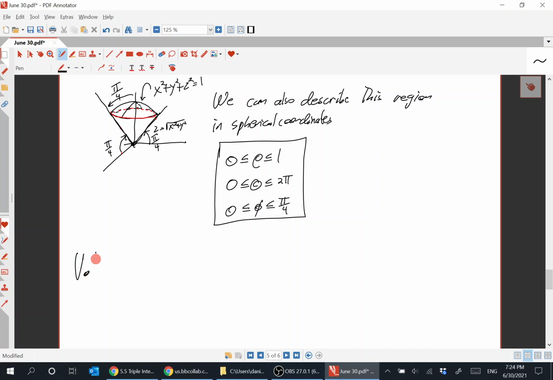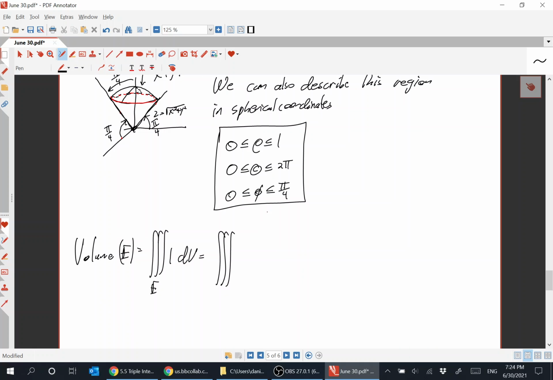So now the volume of E is the triple integral over E of 1 dV. Putting that in spherical coordinates. In what order do you often do spherical coordinates? I usually do rho, theta, phi. So 0 to 1 for rho, 0 to 2 pi for theta, and 0 to pi over 4 for phi.